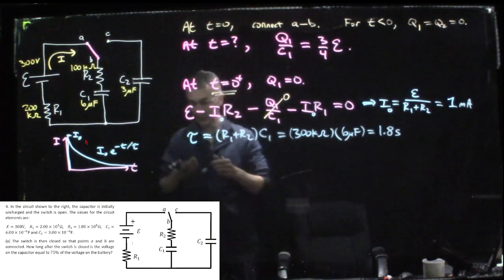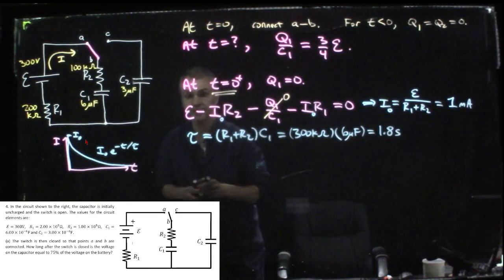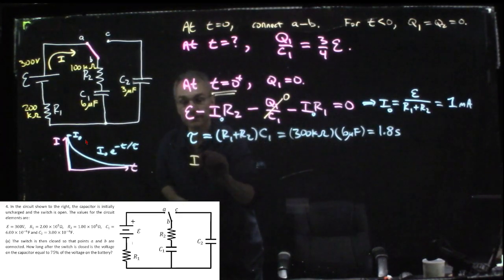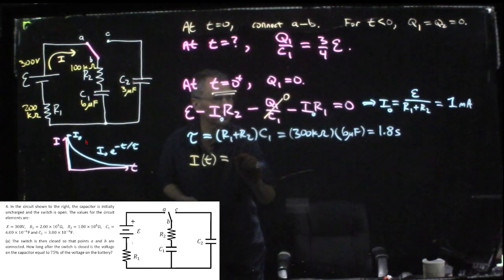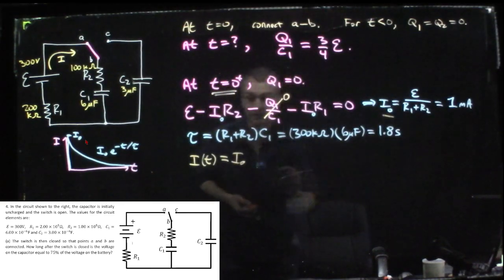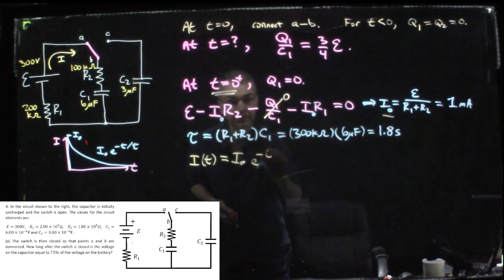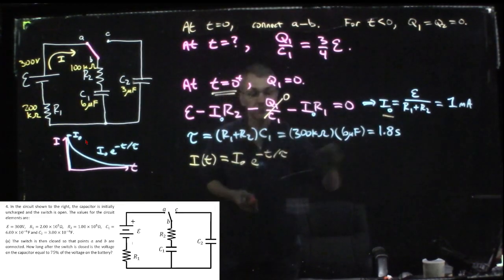Okay, so then we could say that I of t is I0, which we got up here. Here's I0 times e to the minus t over that time constant.